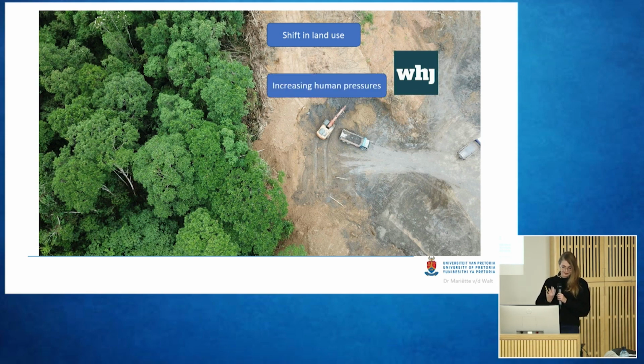And things like land use change and changes in food systems and increasing human pressures are bringing us as humans into closer contact with wildlife that we usually wouldn't encounter. And this is obviously increasing the amount of spillover of zoonoses from wildlife.